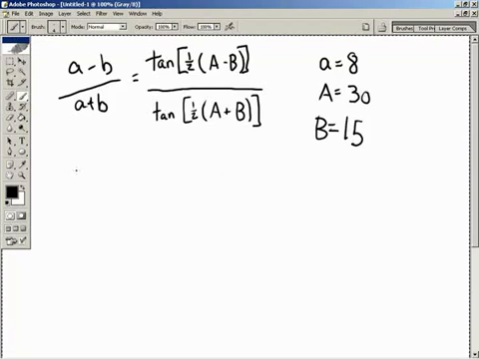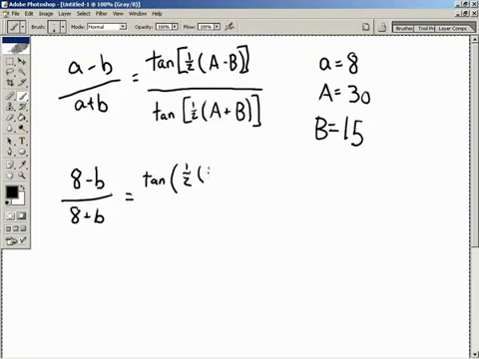Well then, filling in what we know, (8 minus b) divided by (8 plus b) equals tan of 1/2 of... Okay, what's 30 minus 15? 15. And what's 30 plus 15? 45. Exactly.